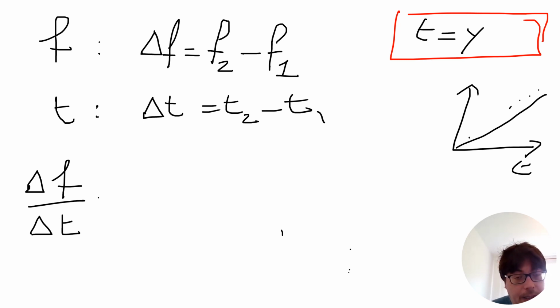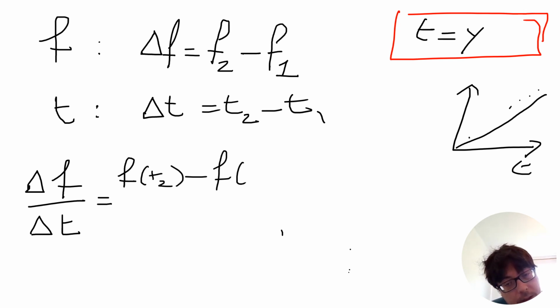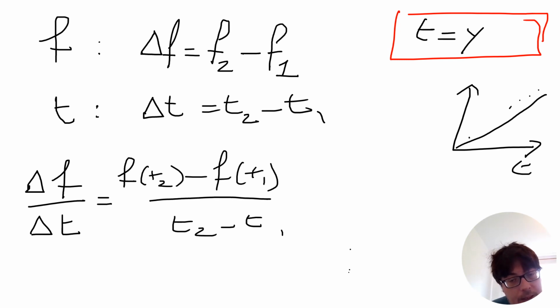So let's write this more graphically, and let's say that this is f of t2 minus f of t1 divided by t2 minus t1. I'm just expressing what we already know.